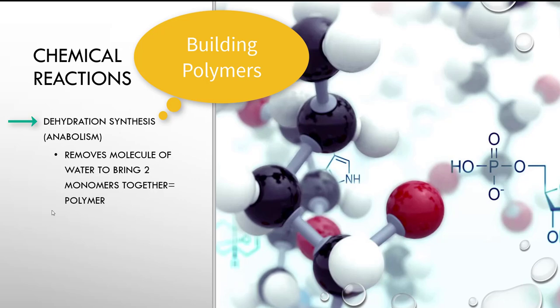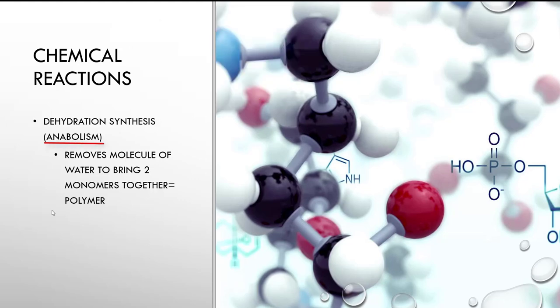This is what we call an anabolic reaction, or anabolism, because it requires energy in order to take 2 monomers and bring them together to form a polymer. So think anabolism: it requires energy, and it's to build the polymers.